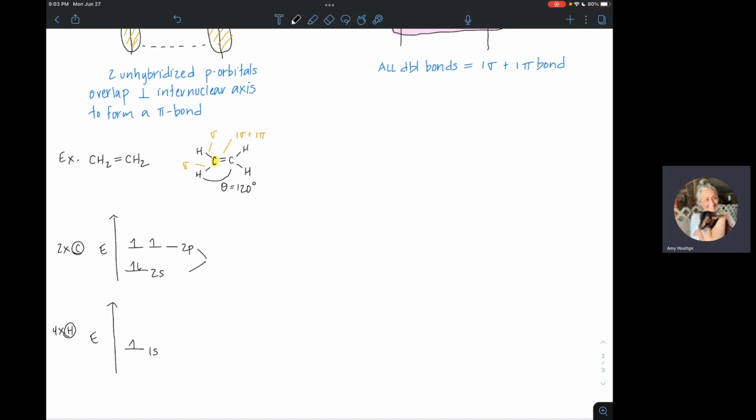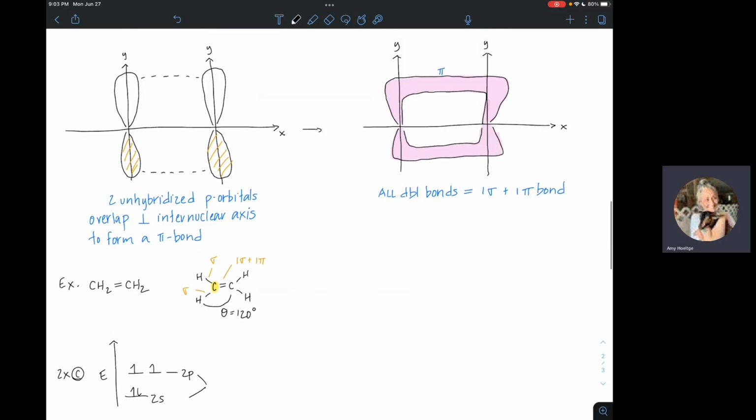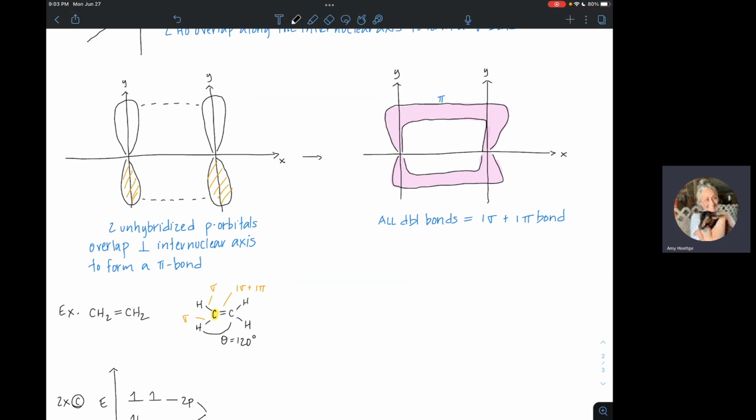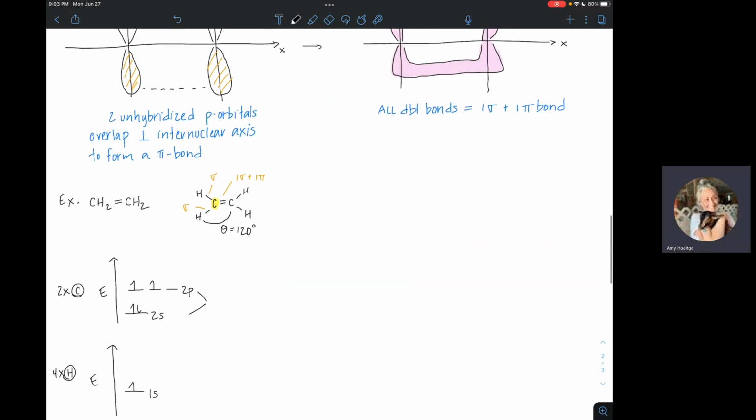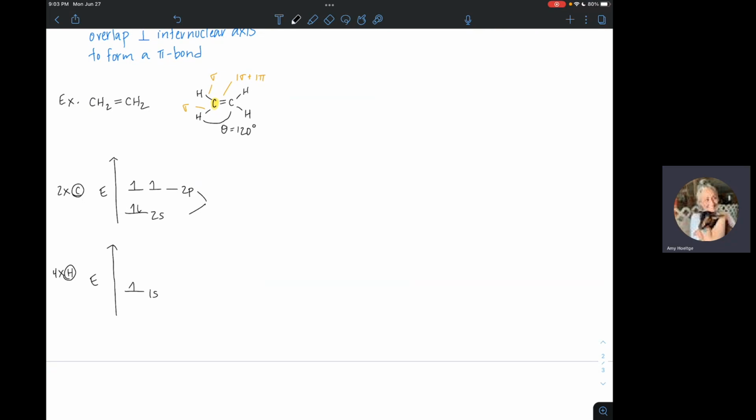The carbon is bonded to 2 hydrogens. Those are the single bonds. The double bond is made up of 1 sigma and 1 pi. So I can use hybrid orbitals to make my single bonds. In other words, I can use hybrid orbitals to make my sigma bonds. But in order to make a pi bond, I need 1 unhybridized p orbital. So you're going to take an s orbital and 2 of your p orbitals. This will give you 3 sigma bonds, doesn't it?